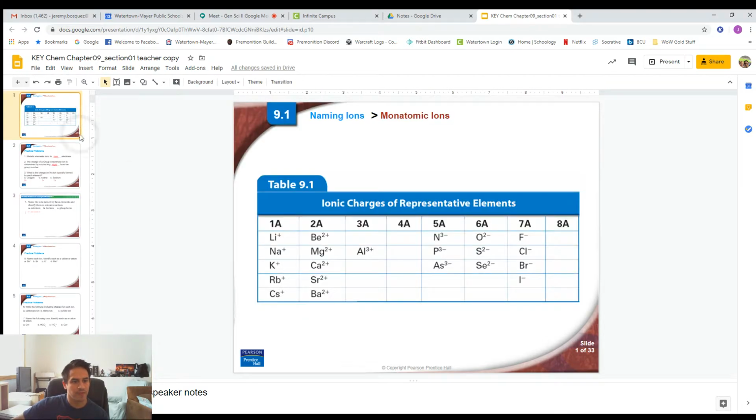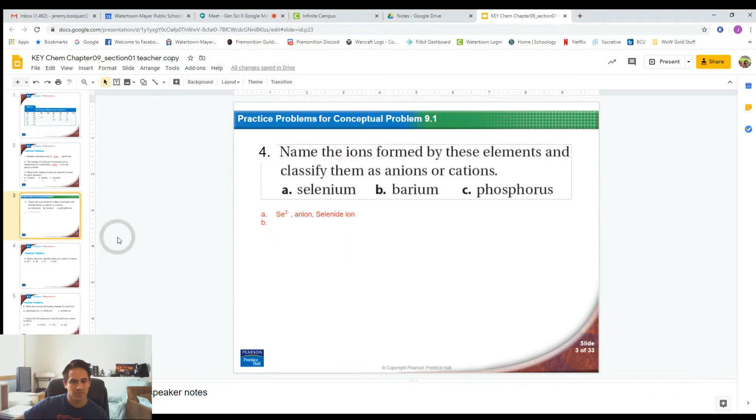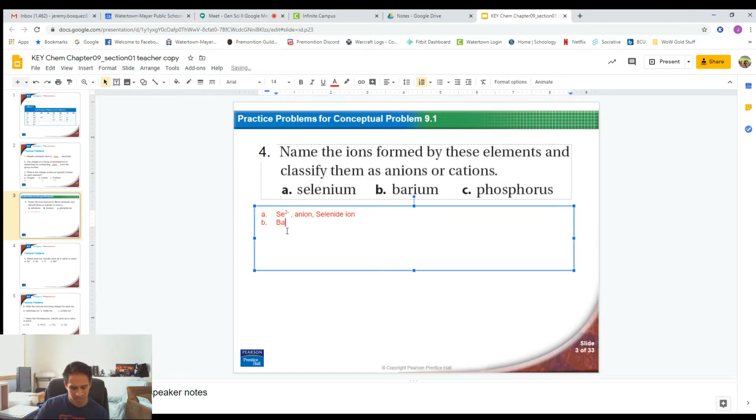For B, barium is in column 2 on the periodic table, so it makes a charge of 2+. So for barium, this will be Ba 2+. It is a cation because it is positive, and because it's a cation, we don't need to change anything about its name, so we would just call this a barium ion. There does not need to be an "ide" ending.